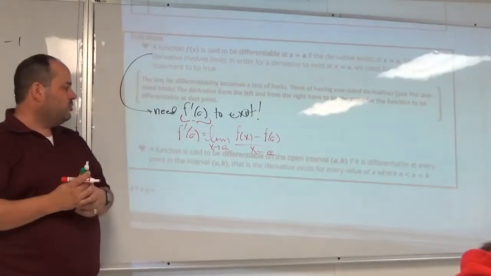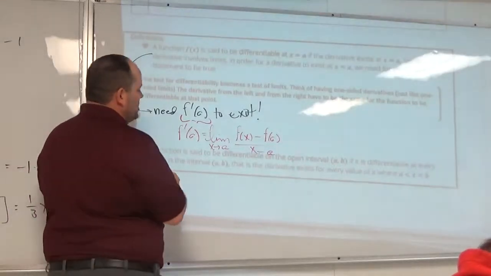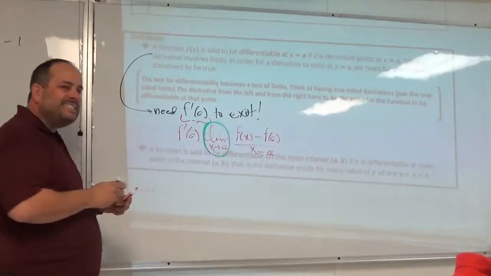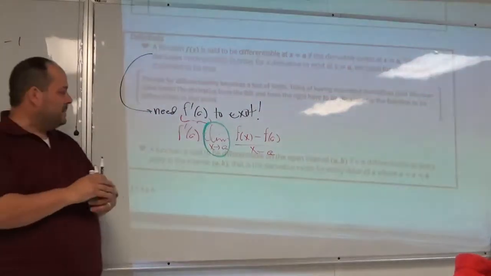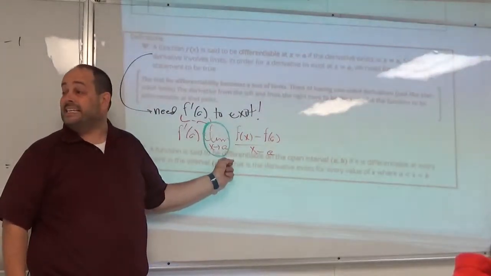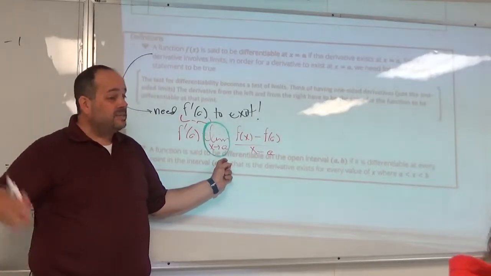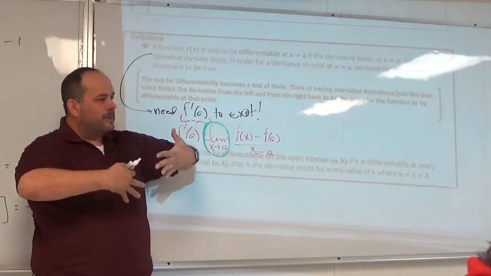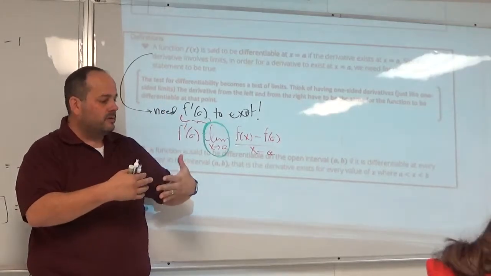But here's the trick. Because we're talking about a limit, it is possible that this limit doesn't exist. It's possible that when you find the limit on the left and you find the limit on the right, you get different numbers. This is a problem for us.